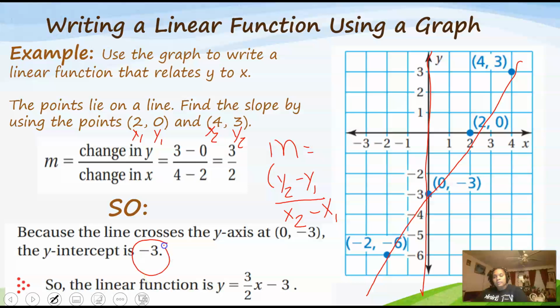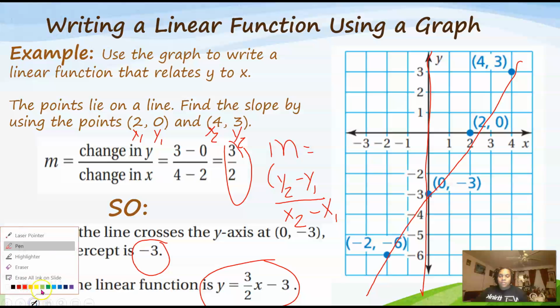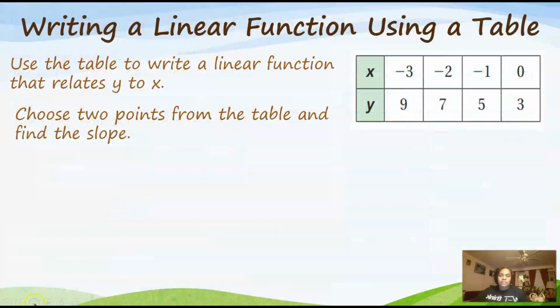Your b is -3. You have your slope here, and you can write your equation, and that is the linear function. Okay. So once again, this is a refresher for most. A linear function, y equals mx plus b. If you remember that, you'll do just fine on this lesson.